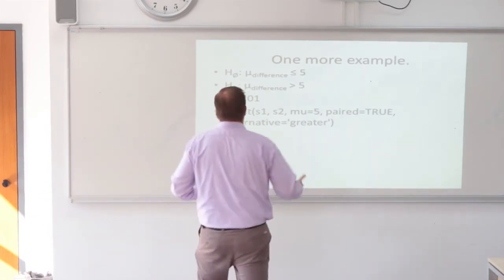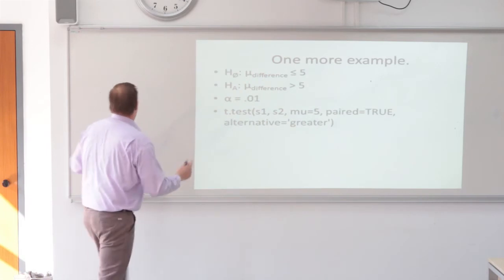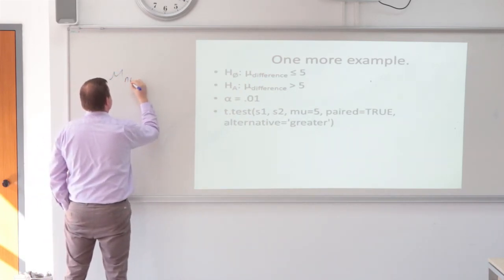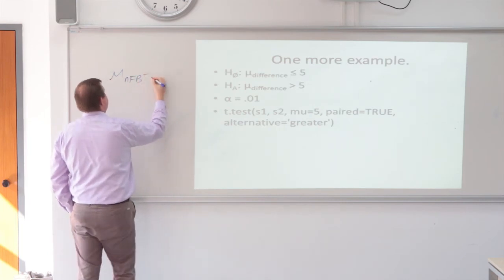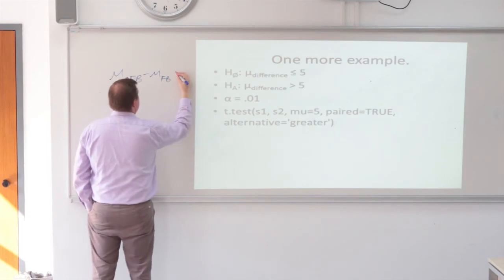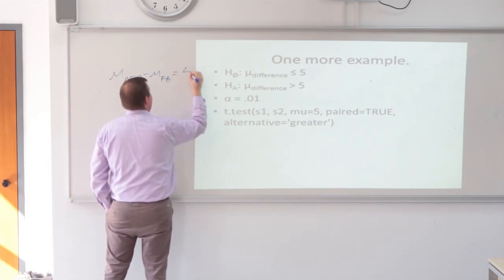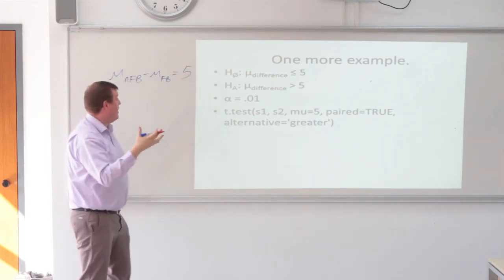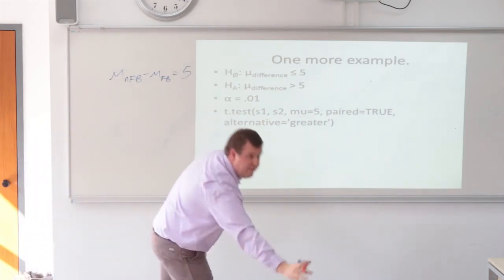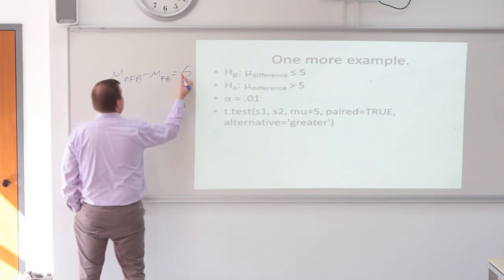So imagine then you could change your null hypothesis. The mean of non-Facebook minus the mean of Facebook equals 5. Or, since this is a one-tailed thing, we're interested in 95 or lower, to determine if they're depressed.